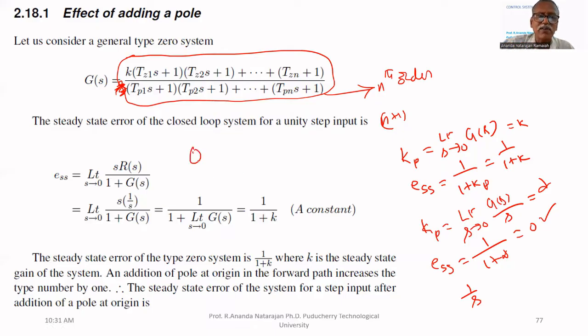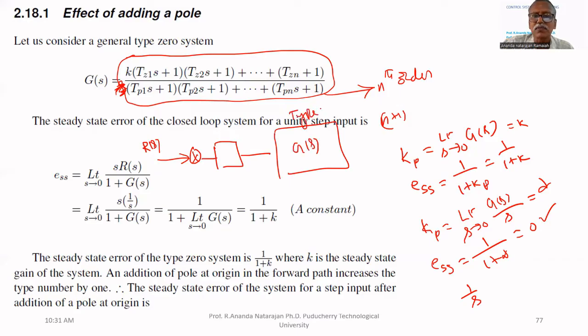So, I have a system like this, R of S. The system is G of S. It is a type 0 system. If I add an integrator here, you know, you have studied linear integrated circuits.